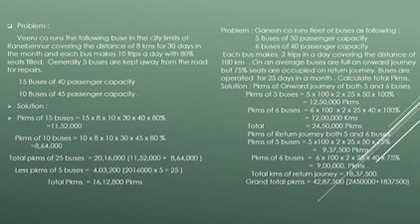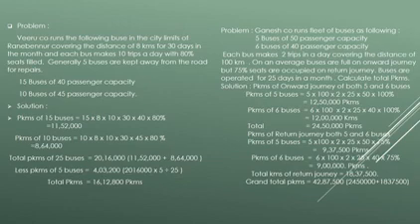So from 20,16,000 passenger kilometers we have to deduct 4,03,200 passenger kilometers of 5 buses which are kept away for repairs. So now net total passenger kilometers is equal to 16,12,800 passenger kilometers. In this way, this problem is to be solved.